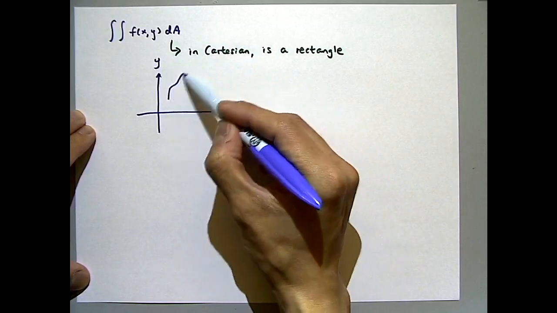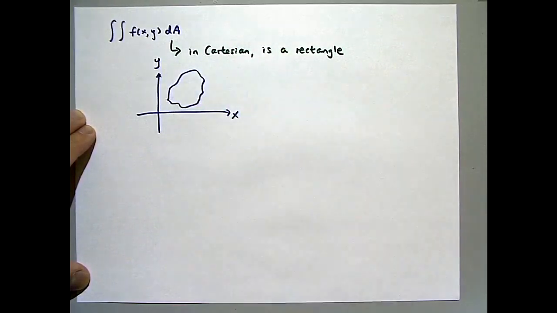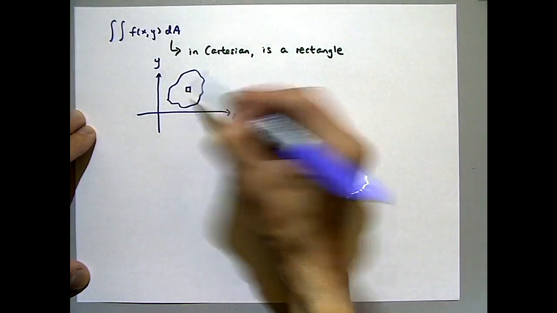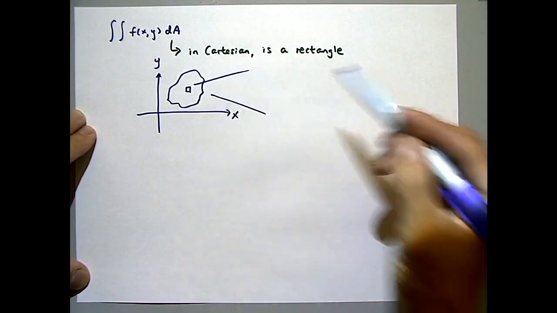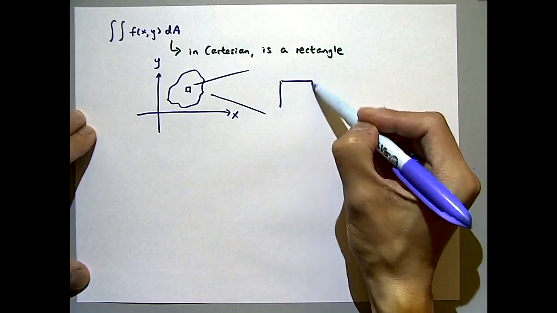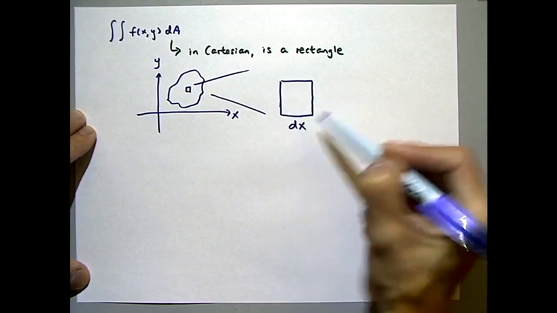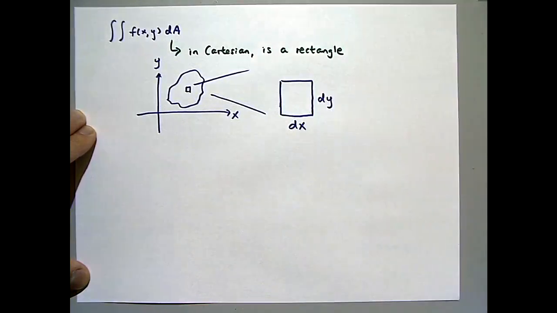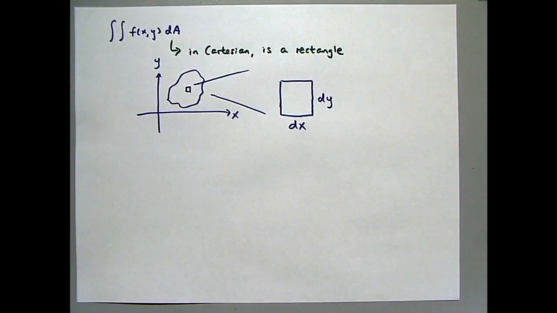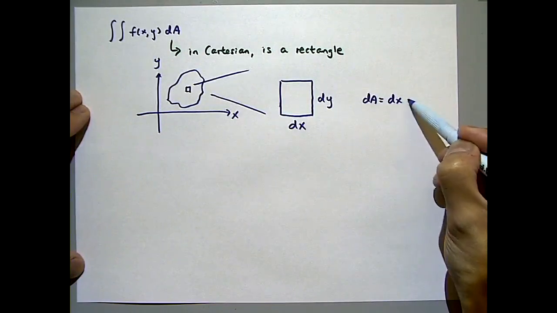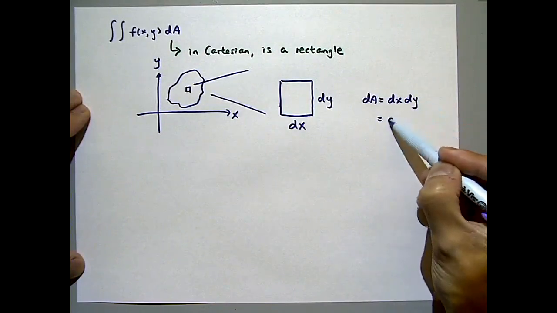Imagine this is the region you're integrating over, and dA is just some little tiny rectangle inside here. If you blow it up, it's a tiny rectangle whose width is dx and whose height is dy. So dA, the differential element, is dx dy. It is also equal to dy dx.